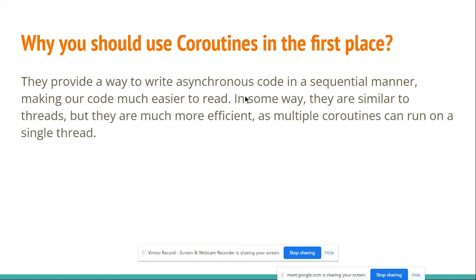They provide asynchronous code in a sequential manner, as I told earlier, to make our development easy. Today, by using coroutines, we can hit an API and get the response in just 2, 3 lines. But earlier we had to write 5, 6, 9, 10 lines for that.